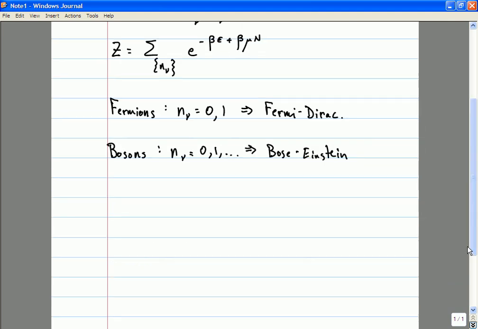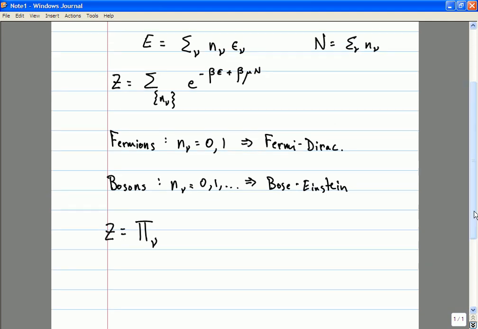So in this case, the partition function, just rewriting that formula above, we can use the fact that the exponential of a sum is the product of the exponentials to write this as a product over all allowed states nu times the sum of n nu going from 0 up to infinity of e to the minus beta epsilon nu plus beta mu, all to the n nu power.